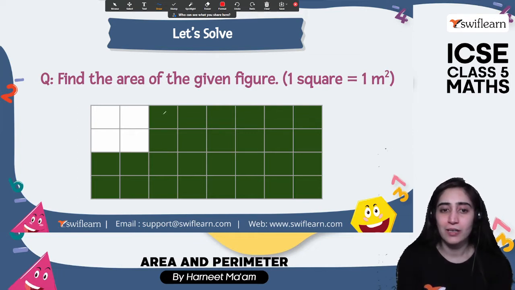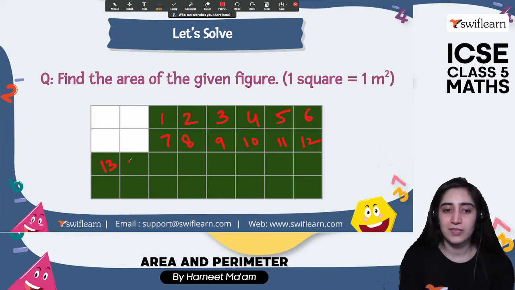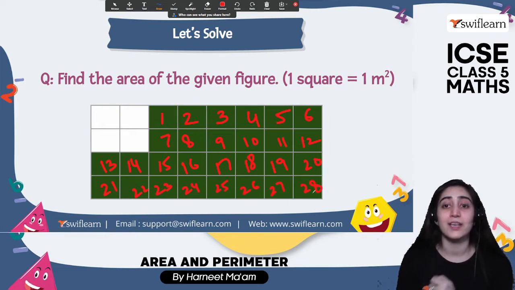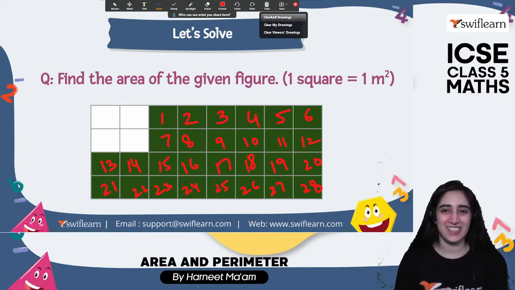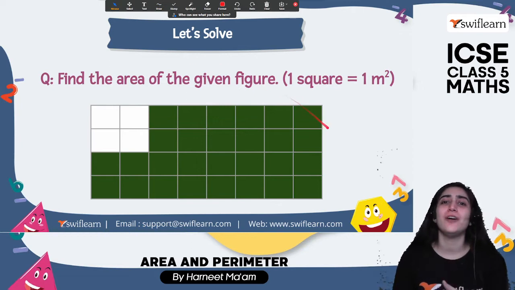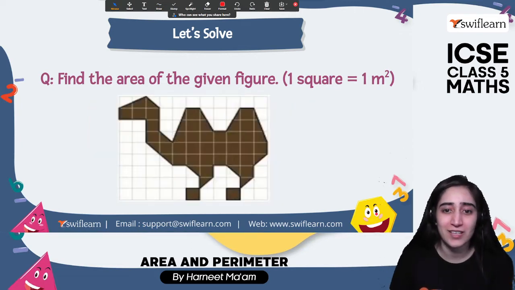Let's count inside. 1, 2, 3, and so on up to 28. So the answer is 28 meters square. Isn't that right? Yes. Great, guys. So it's so easy to find the area in this case, right?